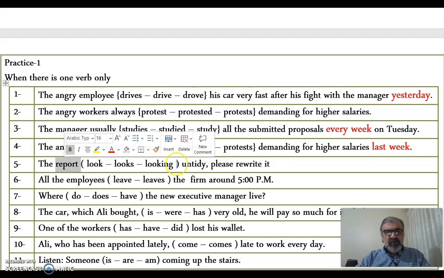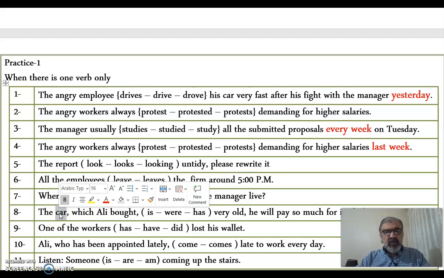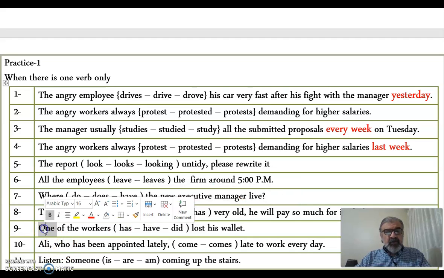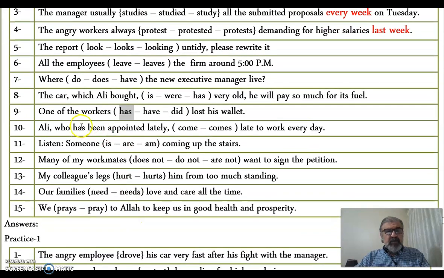The report, singular, looks. Employees, plural, leave. Now, executive manager, singular, does. Car, singular, is. One of the workers, singular, has. Now, Ali, again singular, comes.